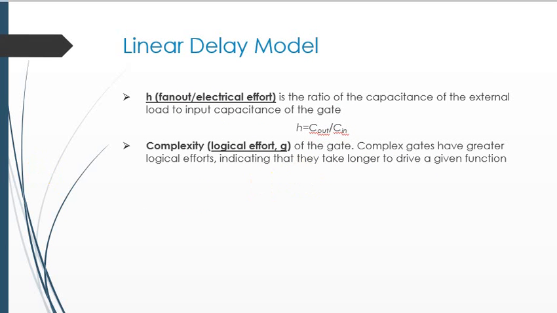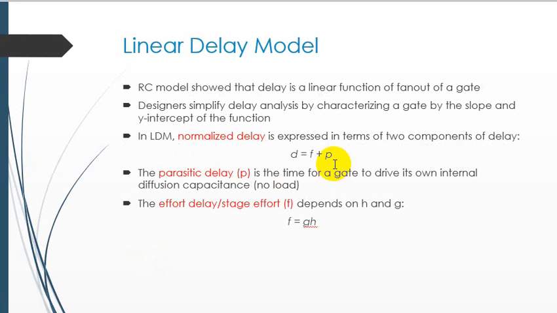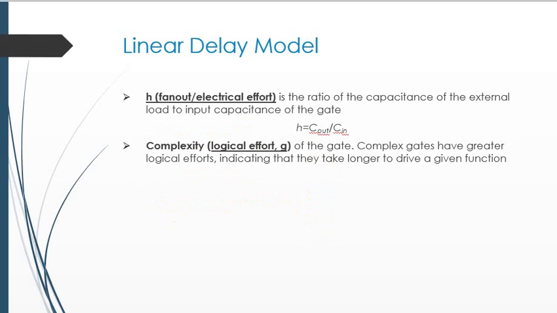So the linear delay model includes these two important equations: d is equal to f plus p. P is the parasitic delay, which represents the internal diffusion capacitance of a gate that drives it, and f is represented as gh, where h is the fan out, represented as c out over c in.